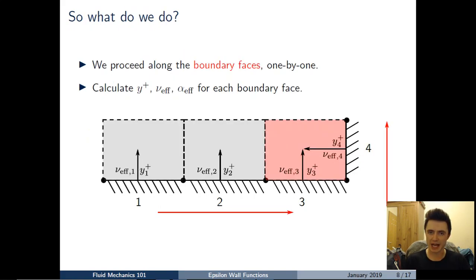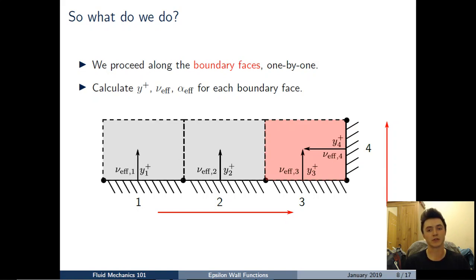The way we assess boundaries in CFD codes is that we proceed along the boundary faces one by one. So we don't move along the cells, we move along the boundary faces. In this diagram, you can see that we'd start on cell 1 on the left, work out our y plus value and then our momentum and thermal diffusivities, and then move to boundary face 2, again repeating the process, and then onto boundary faces 3 and 4.